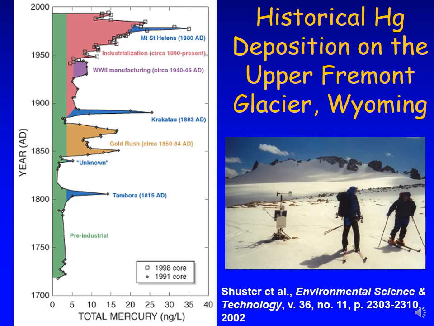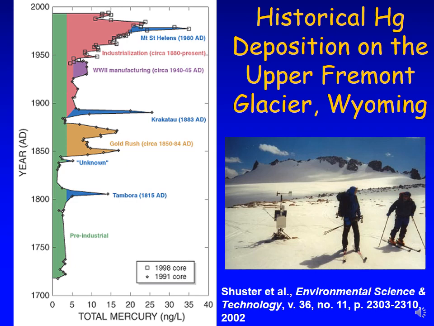So let's take a look at some of the results of the mercury in the ice core from the Upper Fremont Glacier in Wyoming. So back in pre-industrial, the mercury concentrations were less than 4 nanograms per liter. And then you'll see that there's a big spike in 1815. That was the Tambora volcanic eruption.